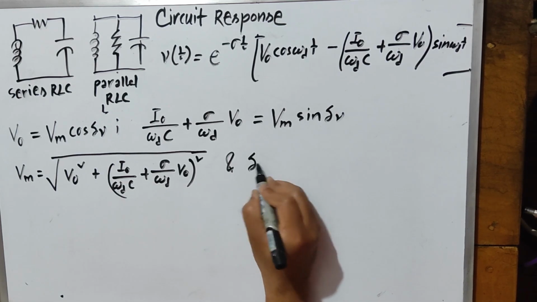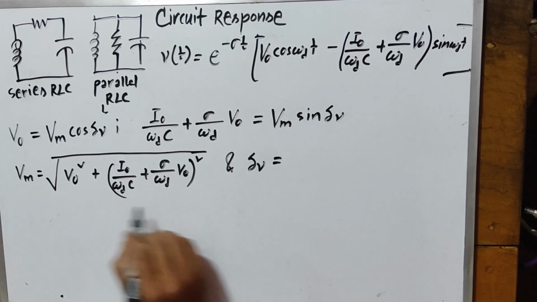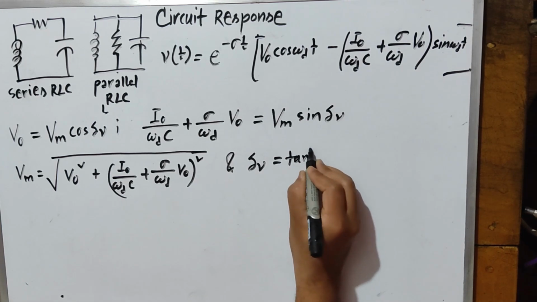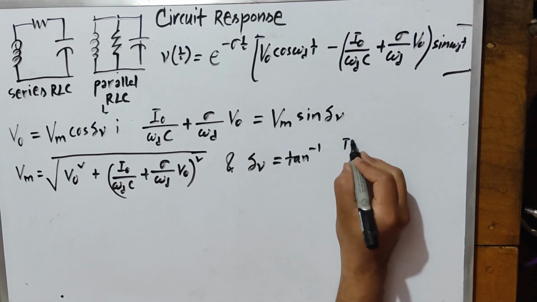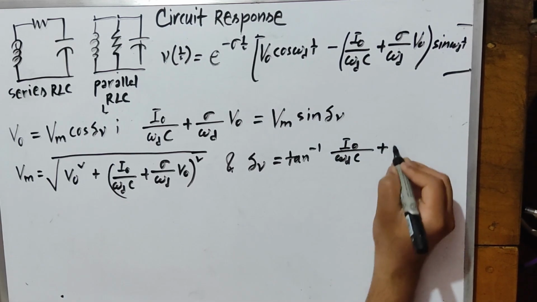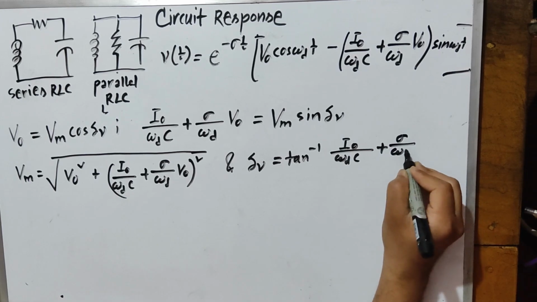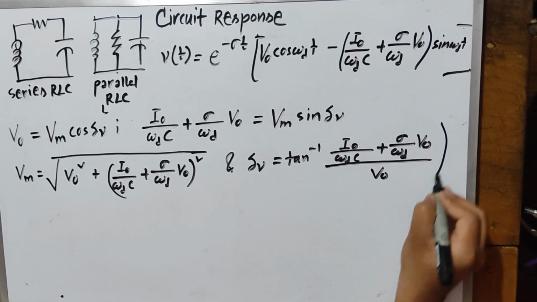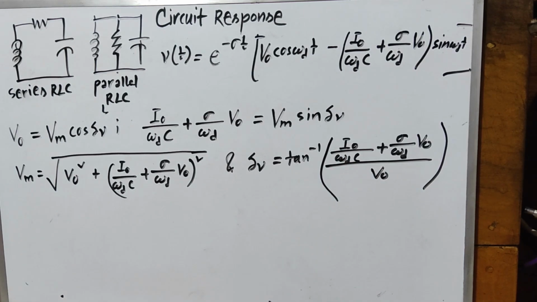This is the amplitude, and the phase will be tan inverse of Io by omega d C plus sigma by omega d Vo, by Vo. So this is the whole case.